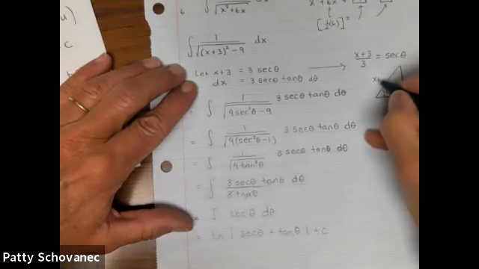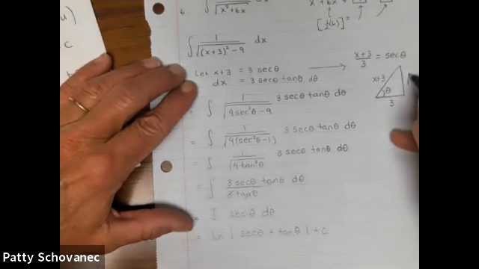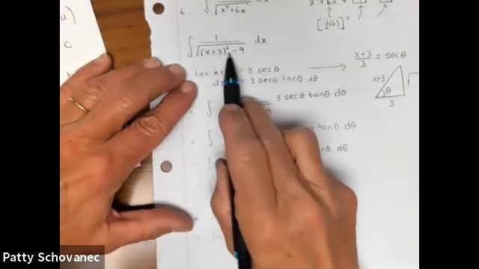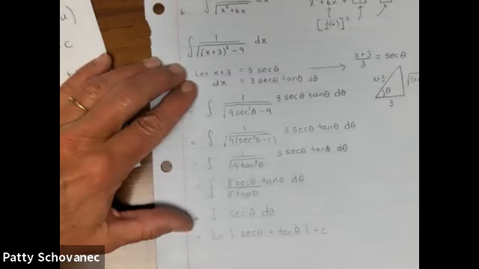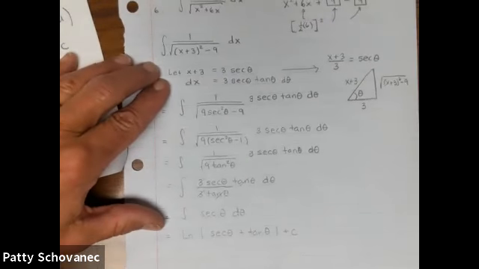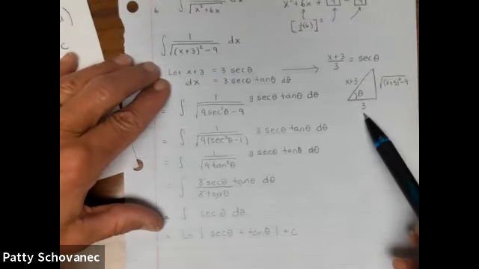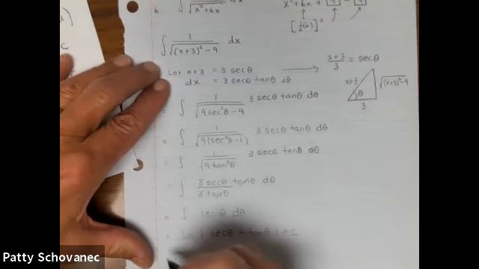Secant is hypotenuse over the adjacent. And so this one should be the square root of x plus 3 squared minus 9. Using that, the tangent is opposite over adjacent. Let's fill them in.